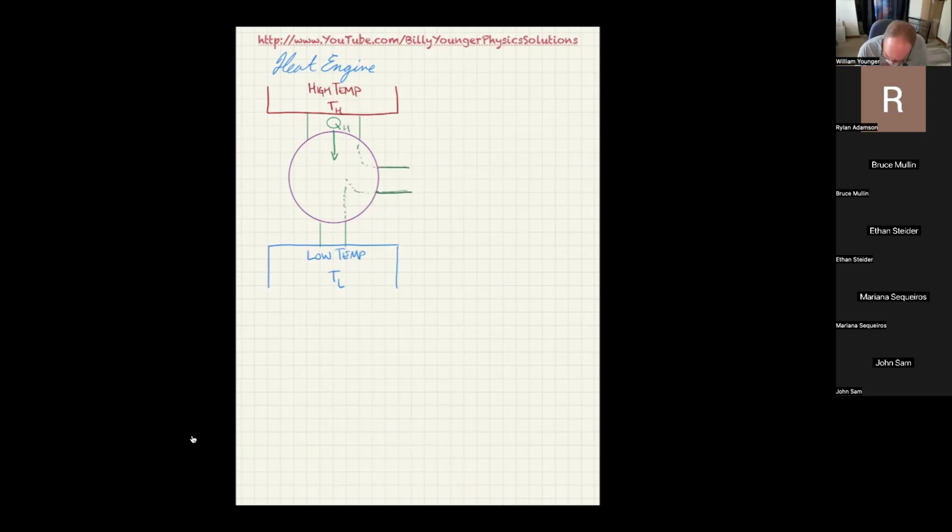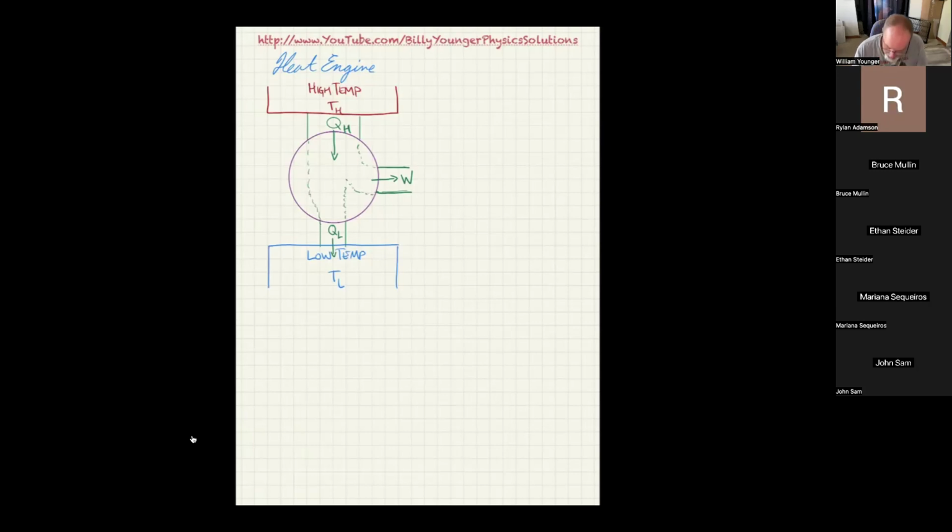So out this side goes work. Because it's coming in as heat, and I told you heat is a bastardized form of energy, you can't use all of it to do work. So some of it is going to be wasted. The amount of heat wasted is Q_low, and that's dumped into the low temperature environment, which would be out the exhaust. That is what a heat engine is and what it does.